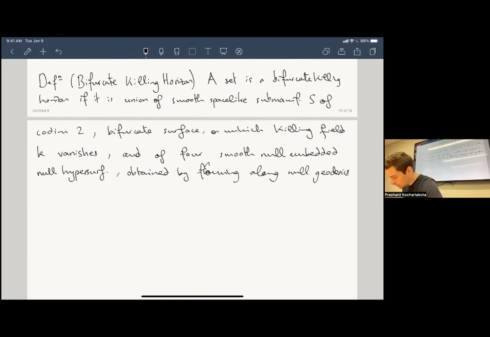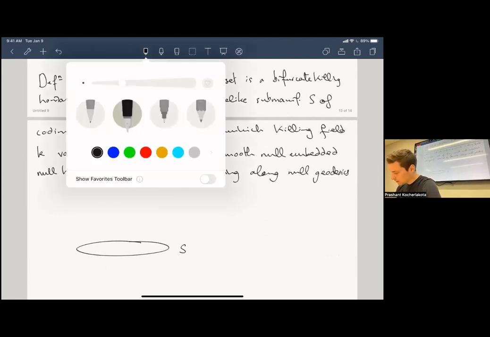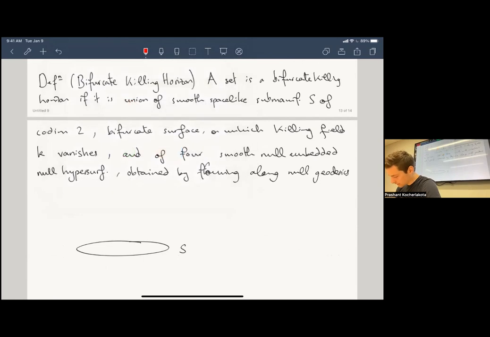Basically we'll do some examples, but the picture is this. You have a set S, it's codimension 2, so it's like a spacelike sphere, like an S2 in four-dimensional spacetime. You have light, or null geodesics, as I should say more correctly. Outgoing ones, with an outgoing past direction and an outgoing future direction.